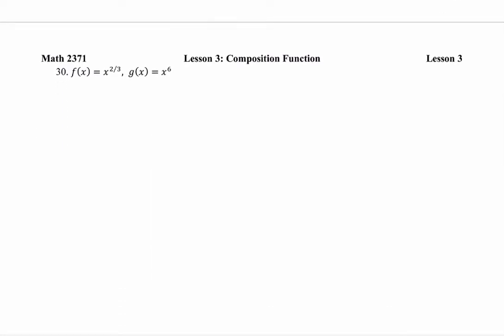All right. So now let's look at this one. So for part A, we want to find f of g of x. So that's f of x times g of x. So that's f of x to the 6th.